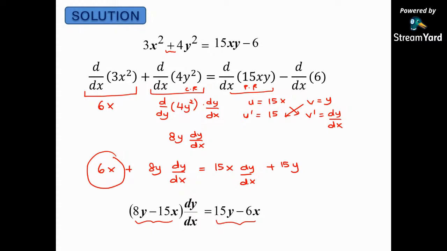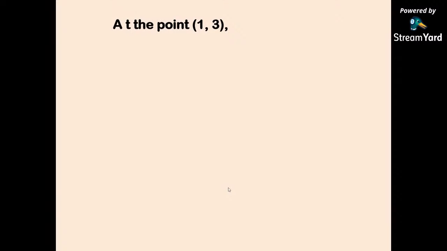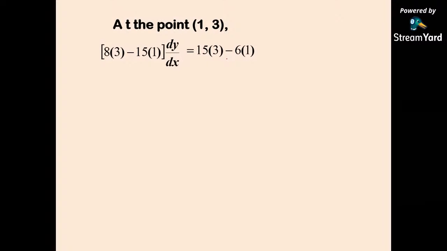So all the dy over dx bring to the left hand side. We're going to collect dy over dx. The term without dy over dx will go to the right hand side. And then now we're going to substitute x equal to 1, y equal to 3. We are going to get 8 times 3 minus 15 times 1 dy over dx equal to 15 times 3 minus 6 times 1.